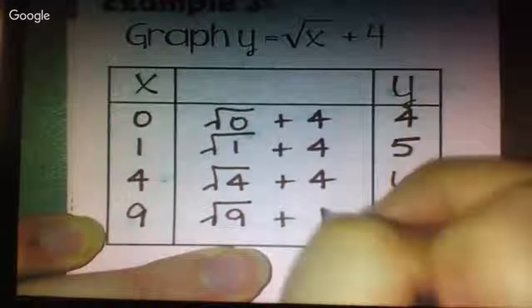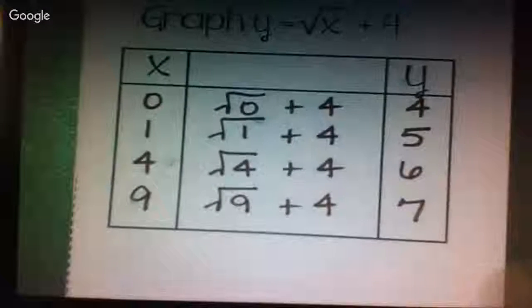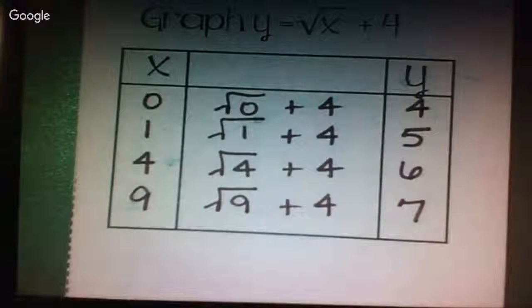And I plug in 9: the square root of 9 plus 4, 7. So my y's used to go 0, 1, 2, 3. 0 plus 4. This one moved up by 4. This one moved up by 4. Every point moves up by 4.